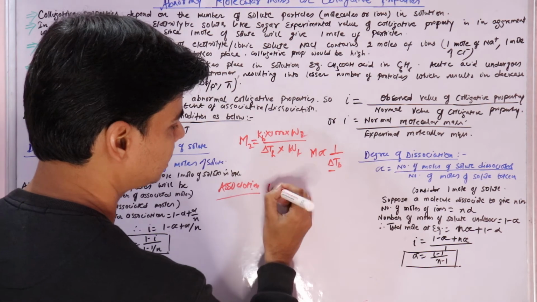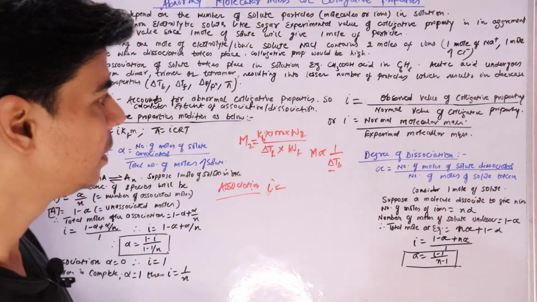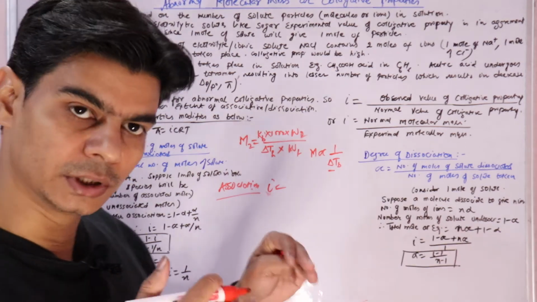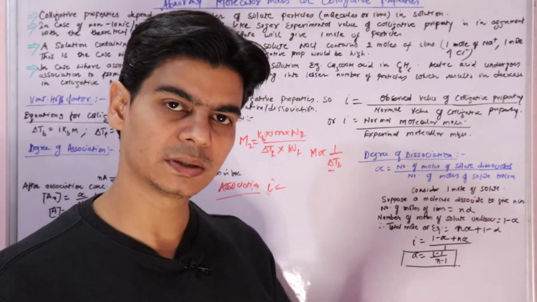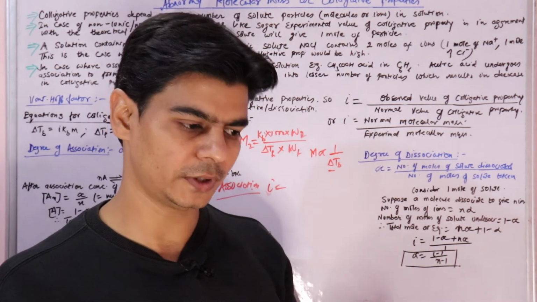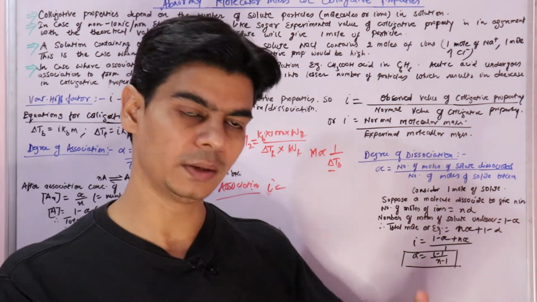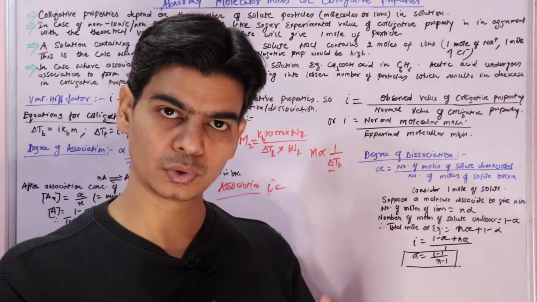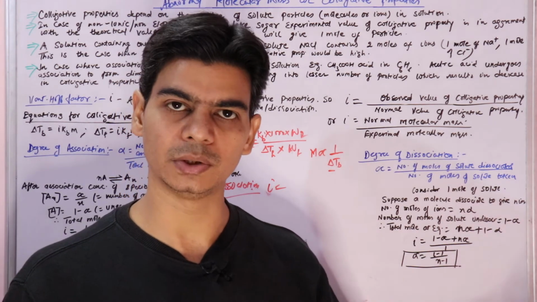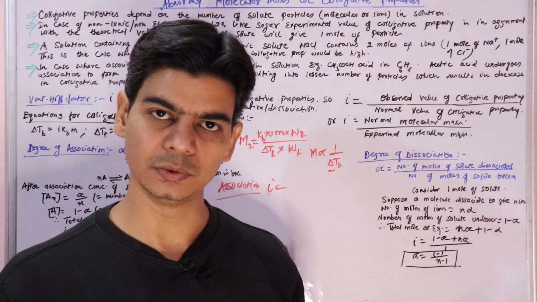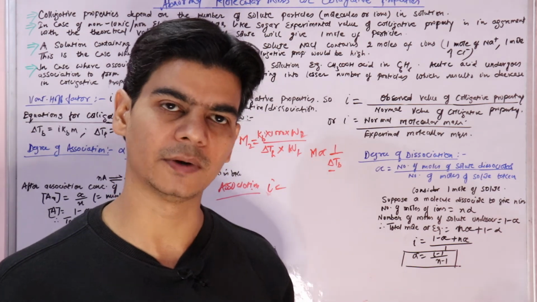In that case, the observed value of colligative property was reduced. Why? Because the number of particles reduced when two molecules of acetic acid formed one bigger molecule. So the particles have reduced, and the observed value has reduced compared to the theoretical value.